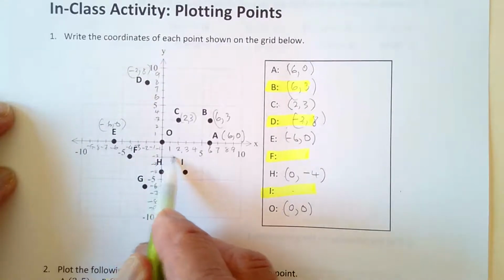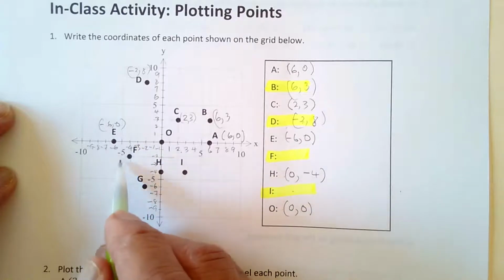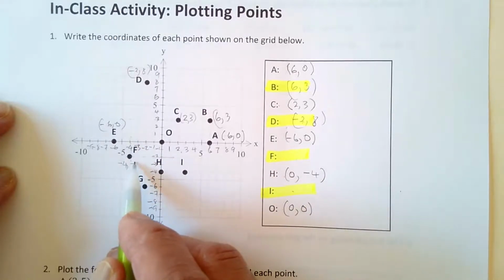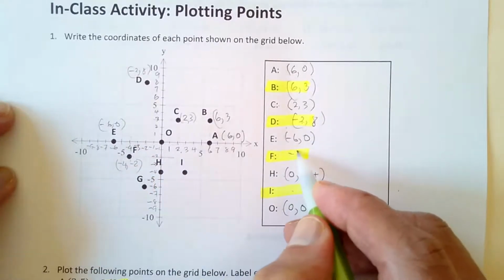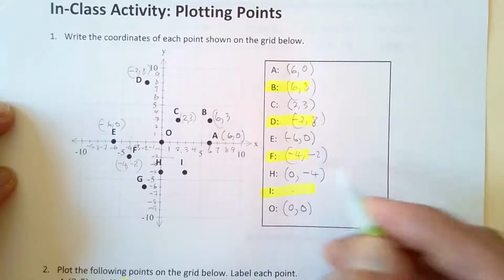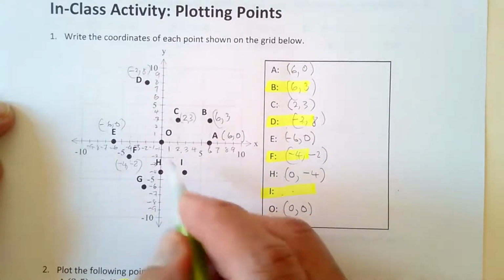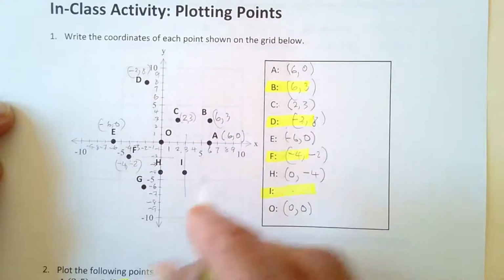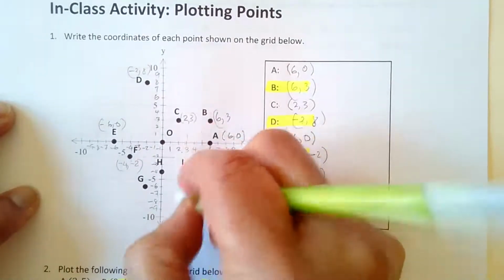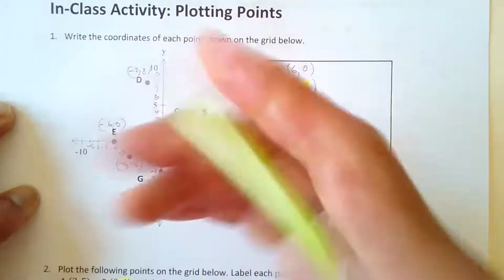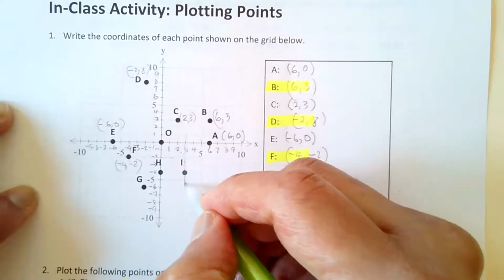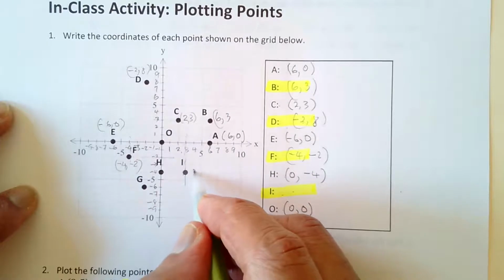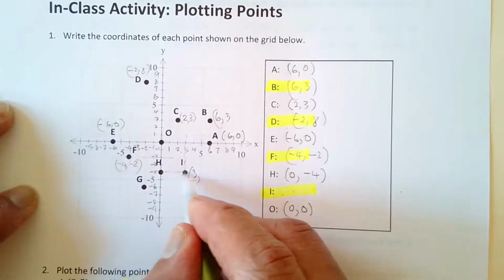So negative 2 along here, negative 4. And I would be 3, 4. I shouldn't draw a line there.